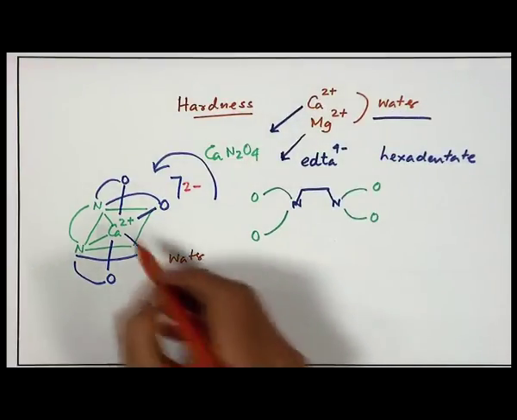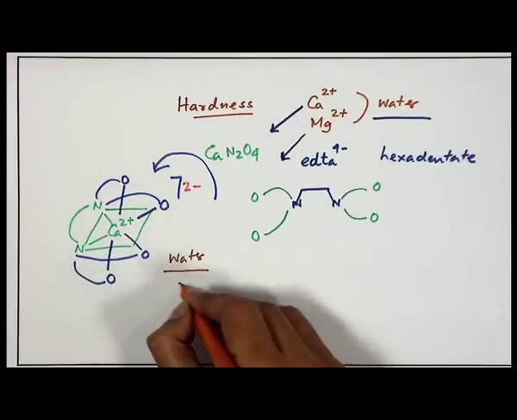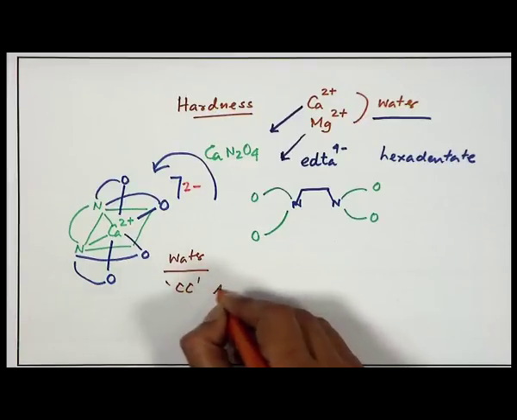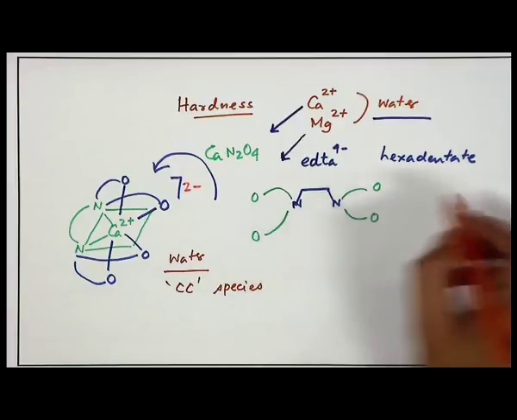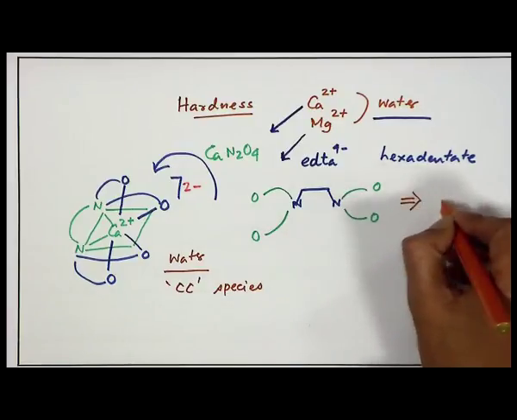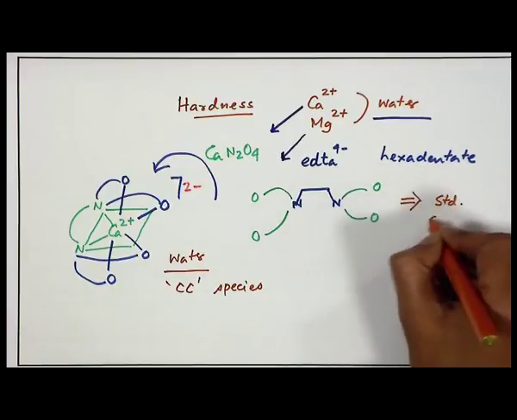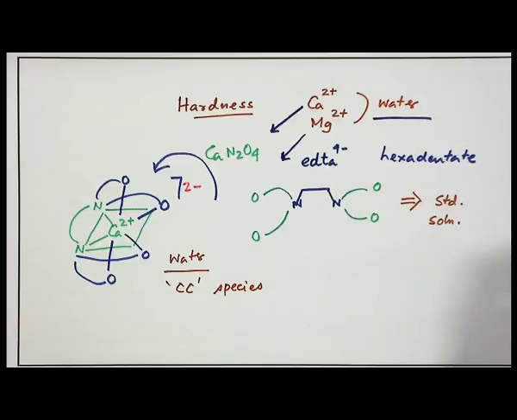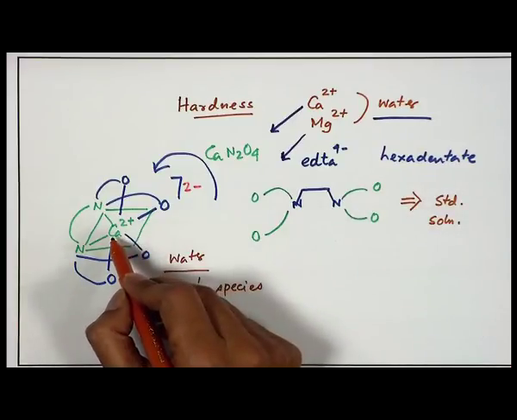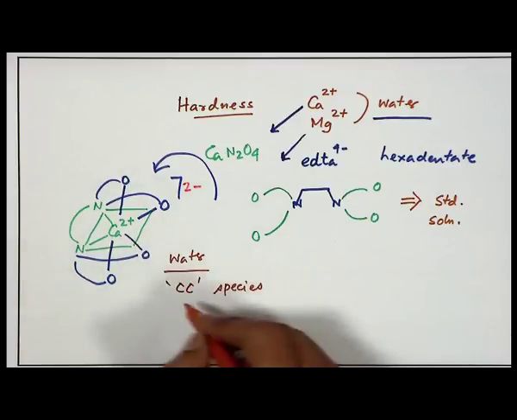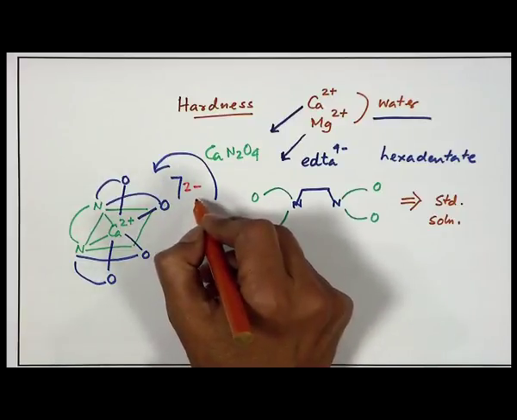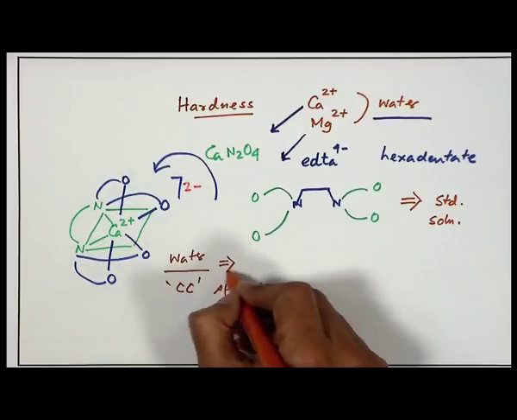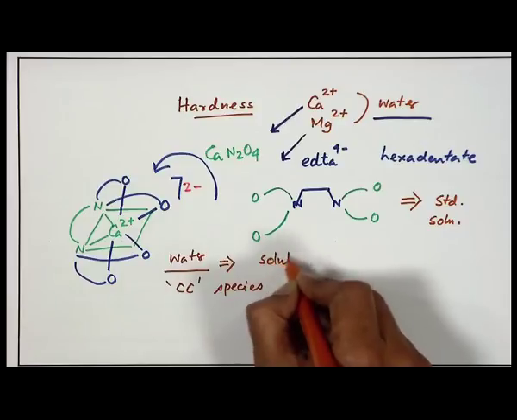So, in water a metal complex or coordination complex species is forming, which can also give rise to the corresponding standard solution. You can weigh out the standard solution and we can quantitatively determine the amount of calcium 2+ present in that water sample. In water, the coordination compound which is forming is also anionic, which is why it will also be in the soluble state.